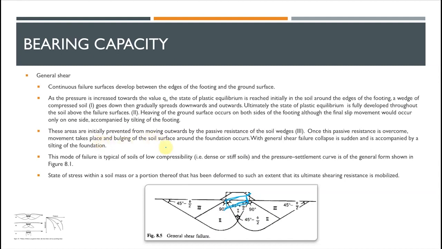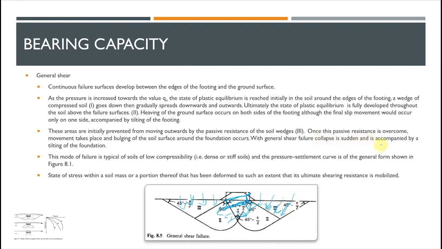This area is initially prevented from moving outwards by passive resistance of the soil wedges. Whatever here, dia akan resist. Okay, sebab ni nak naik ni. Ni dah beralih sini. And then soil ni, the one yang here, because soil kan dia ada weight dia, kan. So dia akan try to stop the movement of the soil.